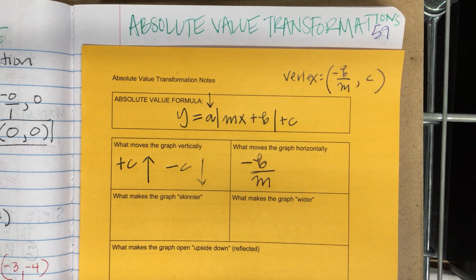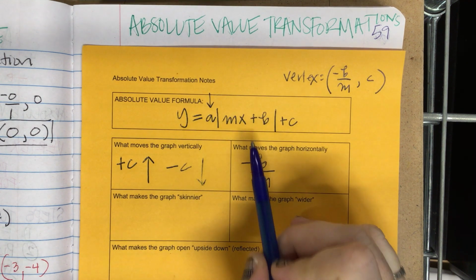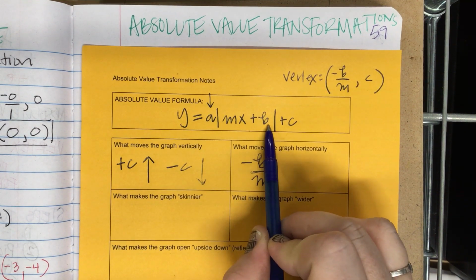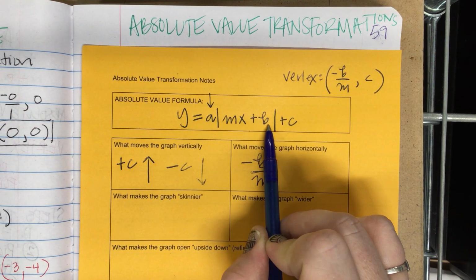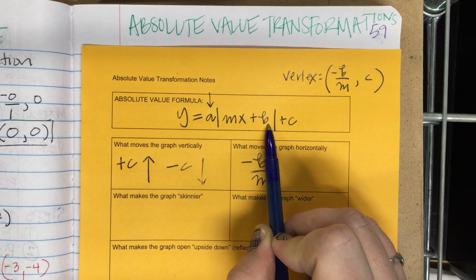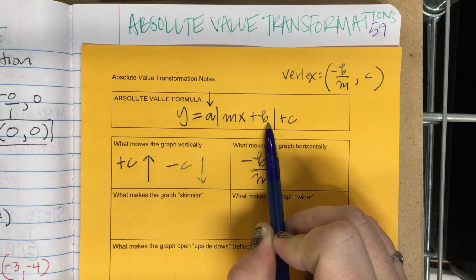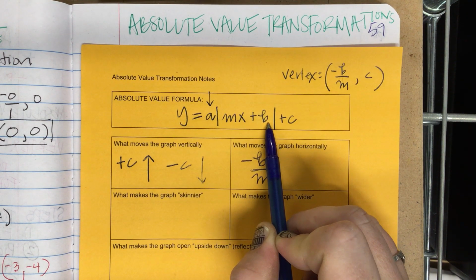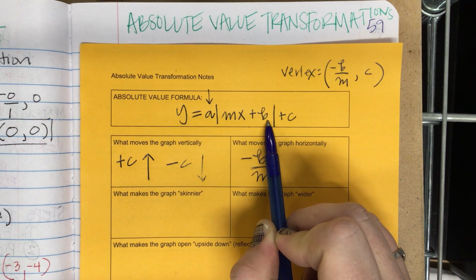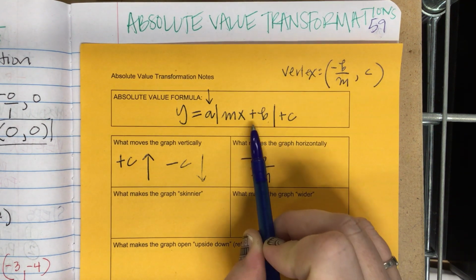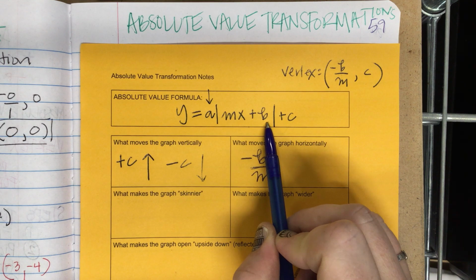If your equation said minus 2, which way would your graph move? Jaden? To the right. Why would negative 2 move it to the right?